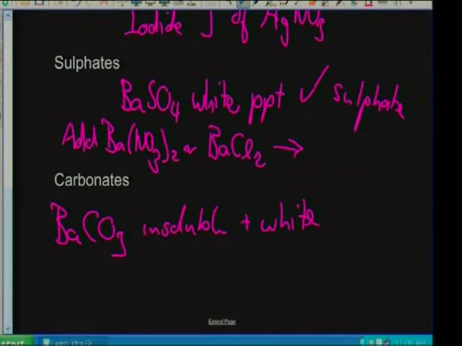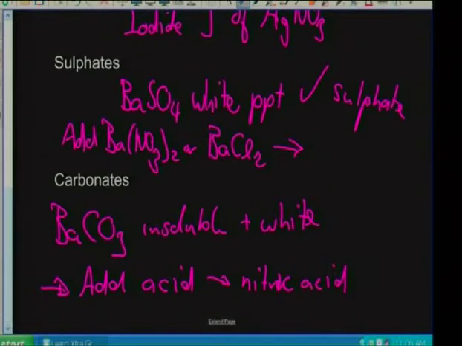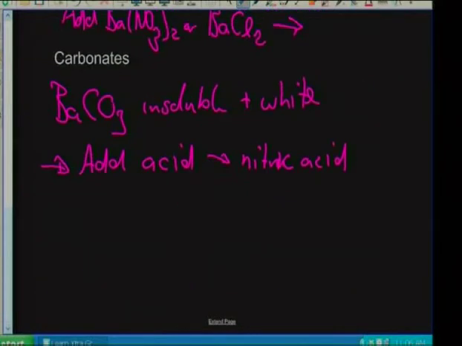So we've got to do a little trick here. If we get a white precipitate, to confirm that it isn't a carbonate, we've got to just simply add acid, and preferably some nitric acid, because we know that all nitrates are soluble and we don't want to be adding salts that could form some other precipitate.